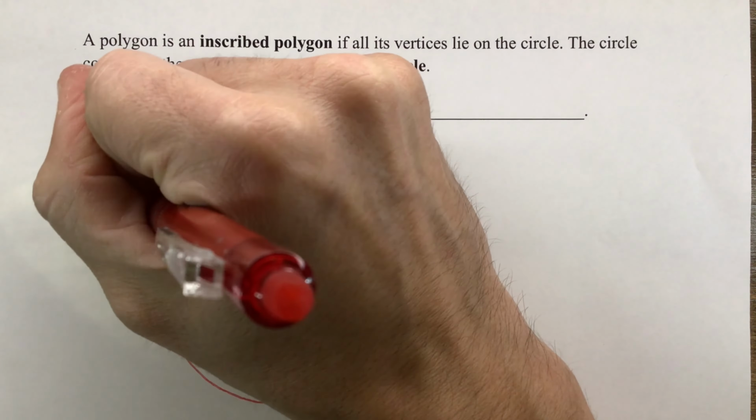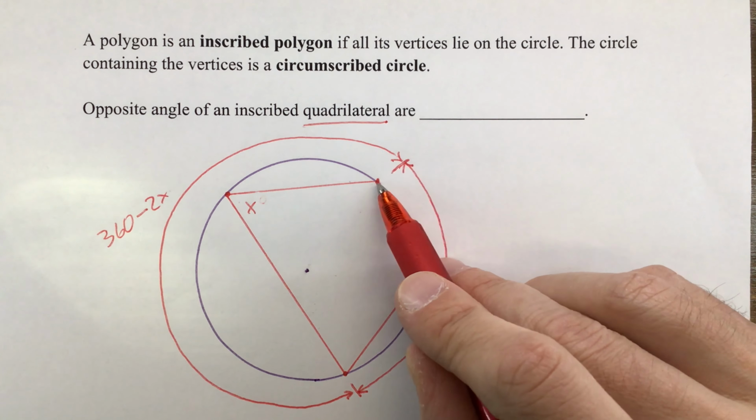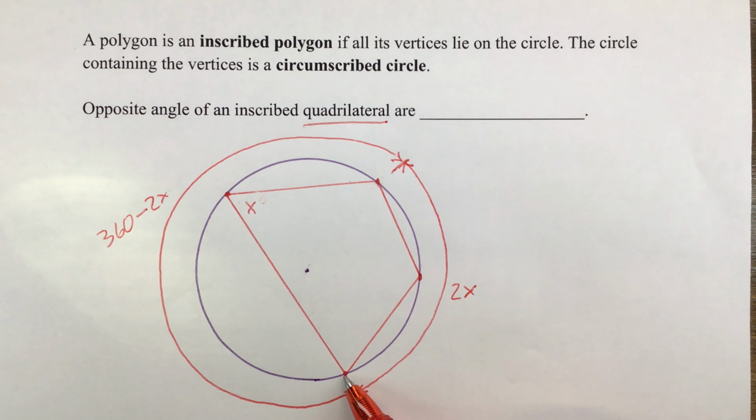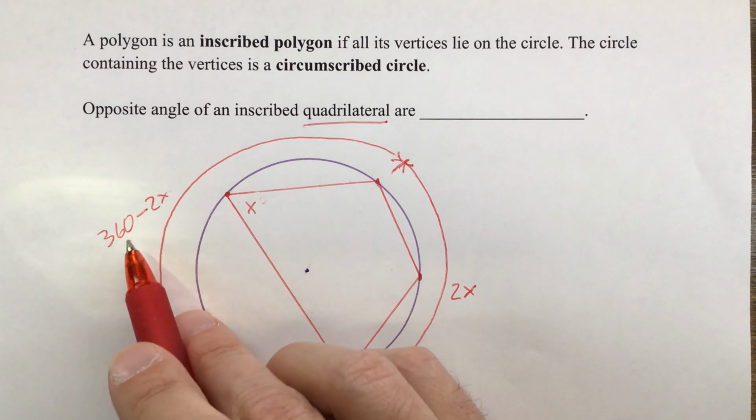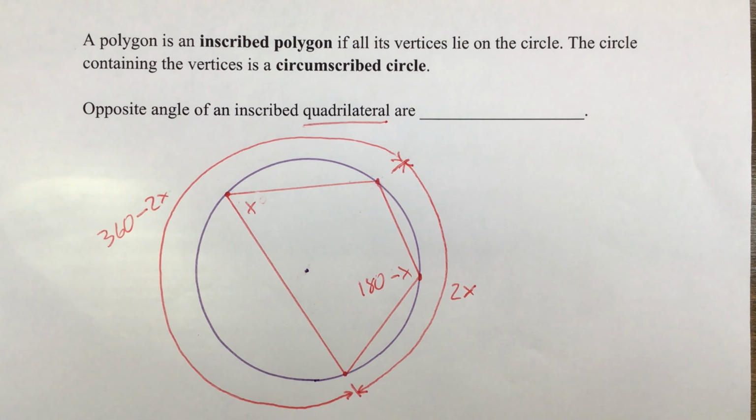Okay, and then if I follow it all the way to its edges, here and here, this intercepted arc, I can call that an intercepted arc to that segment and that segment, is going to be twice the size of this inscribed angle. So if I divide that by 2, I get 180 minus x.